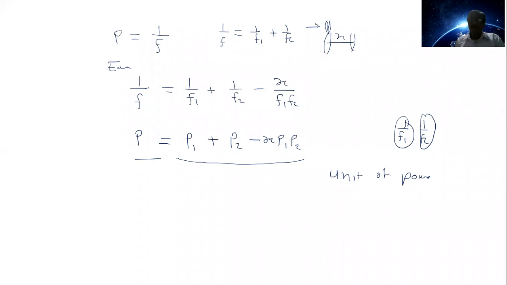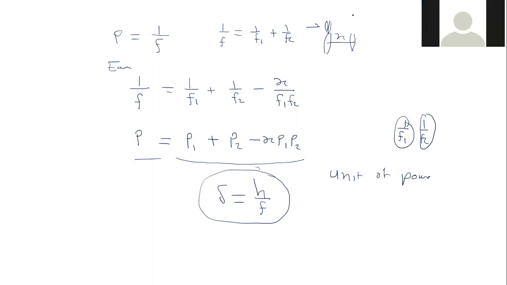Please take a screenshot and post it in our group. Any difficulty in today's lecture? No. Tell me, what is the formula for deviation? Deviation delta is equal to H upon F. Right. Okay, we stop now here. If there is no difficulty we can stop here, otherwise we have 2 more minutes. Have you any difficulty? No. We can now stop here.